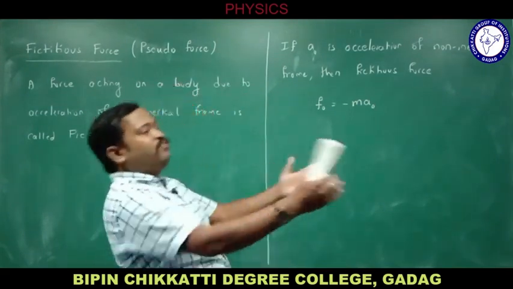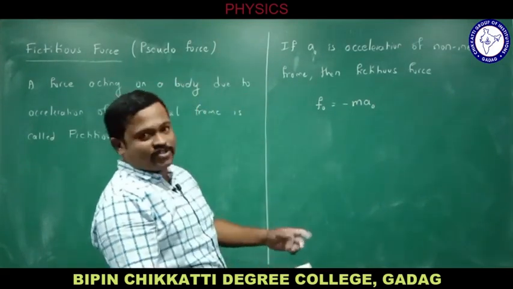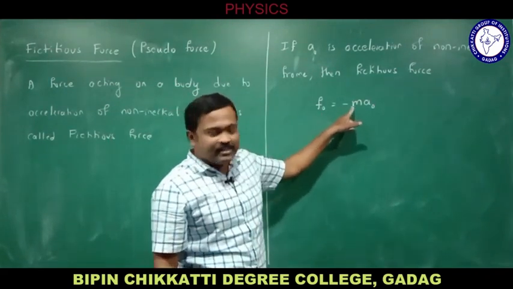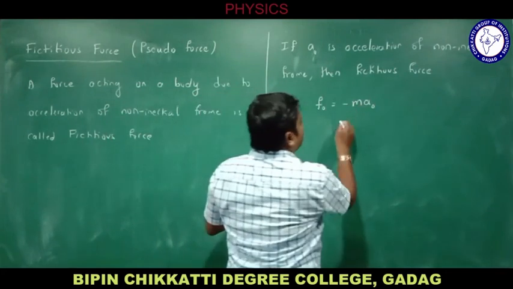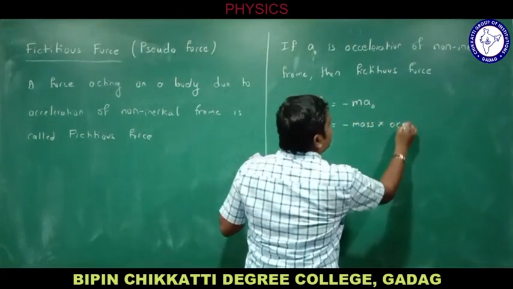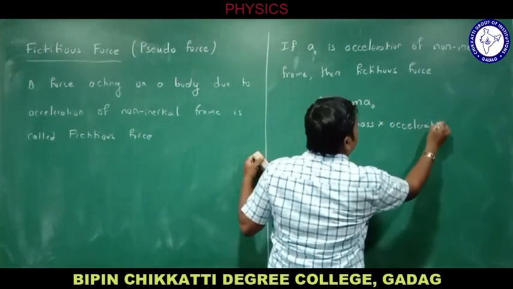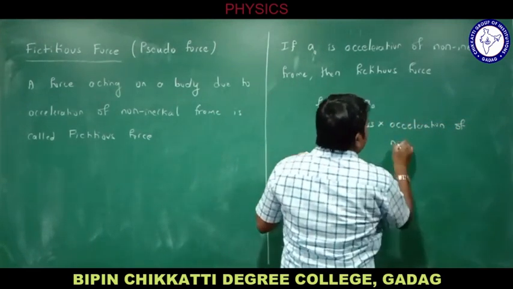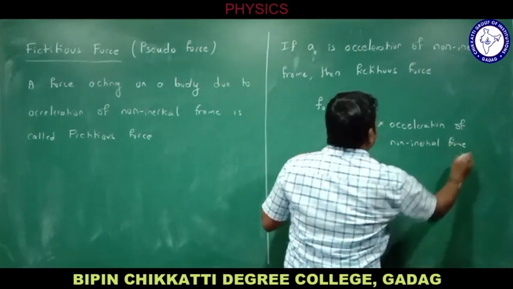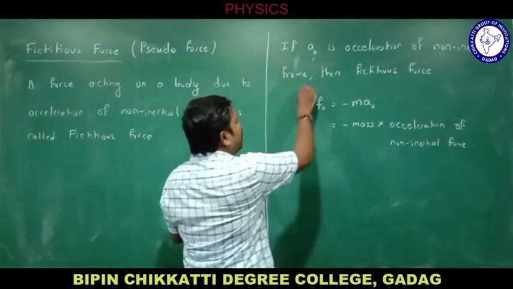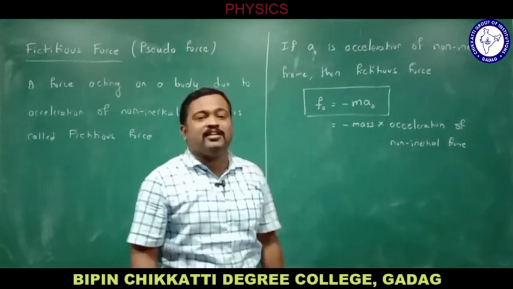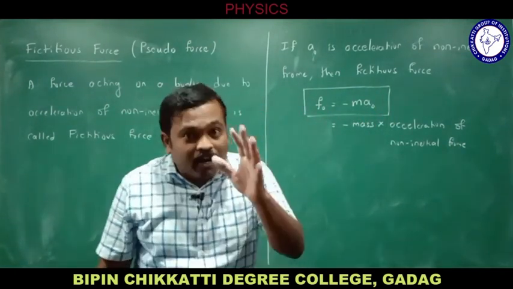If the bus is moving forward, you move backwards. That is why the fictitious force F0 is equal to minus m into A0: mass into the acceleration of the non-inertial frame. Right? So this is the formula for fictitious force, and we can use it to correct the equation of force.